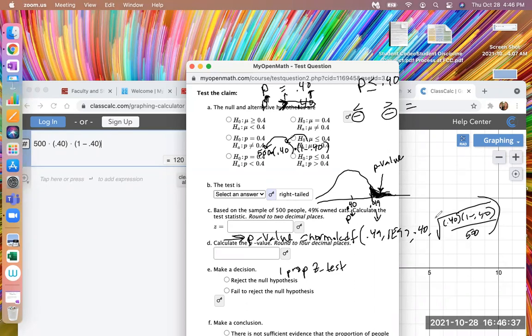If you did use that normal CDF calculation, I'm just connecting the concepts that we were learning from last section to this section, that there's another way to find the p-value, but the faster way to do it is the one-prop z-test. This one allows you to put exactly the information they're given in the problem straight in, with few previous calculations that you do.